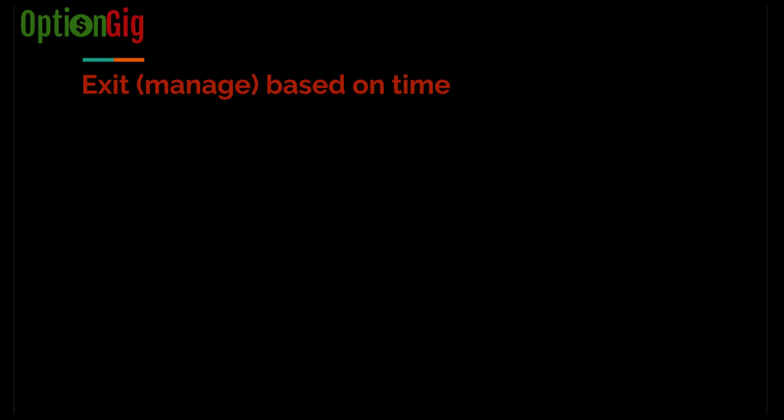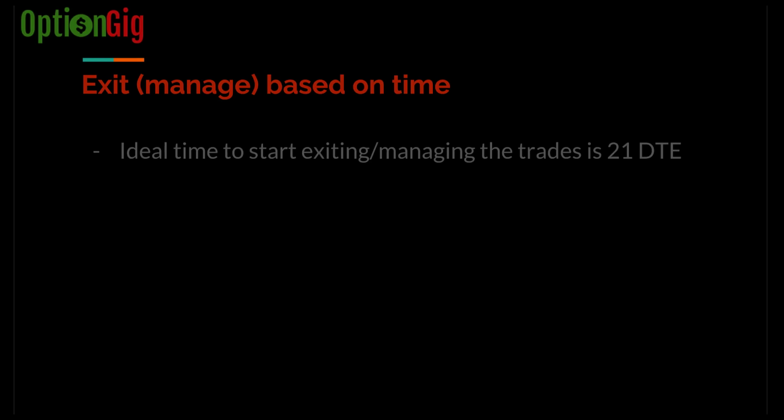So that is based on profit or loss. Now we will look at how to exit or manage the trades based on time, that means how much time is remaining in the contract. The ideal time to start exiting or managing the trades is 21 days to expiration. Let's say you have a put spread and it is not yet making 50% of your maximum possible profit, but we are now reaching close to 21 days to expiration.